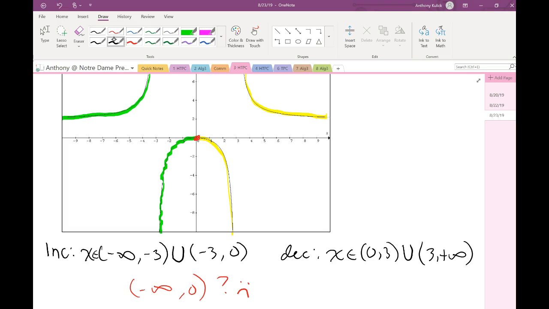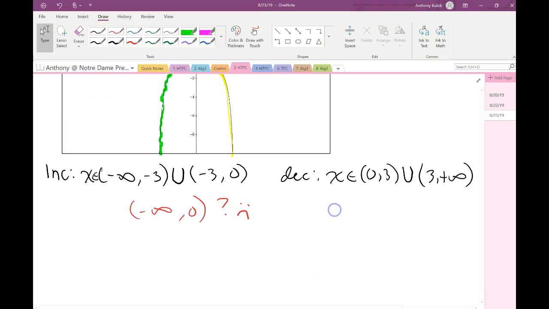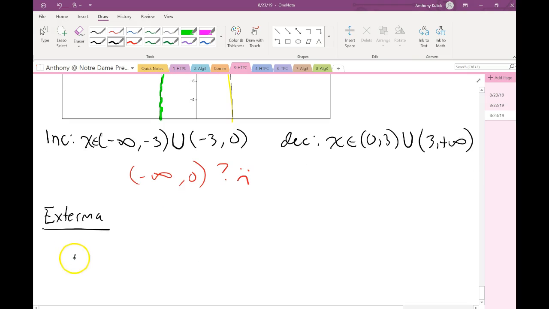So let's talk then about Extrema. So I'll do a multiple definition for this as well.